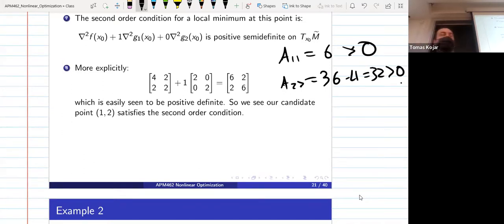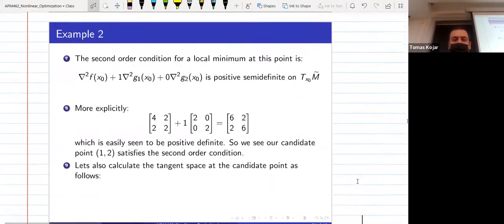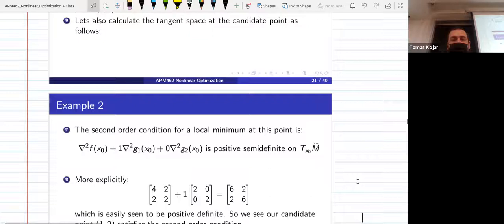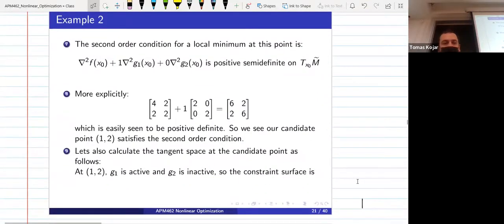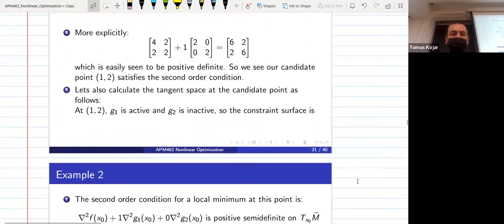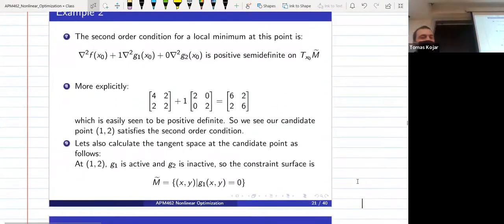So indeed, the point (1,2) is a local minimum. But again, we were lucky. We didn't need to compute the tangent space, but we should do it because you might have to.